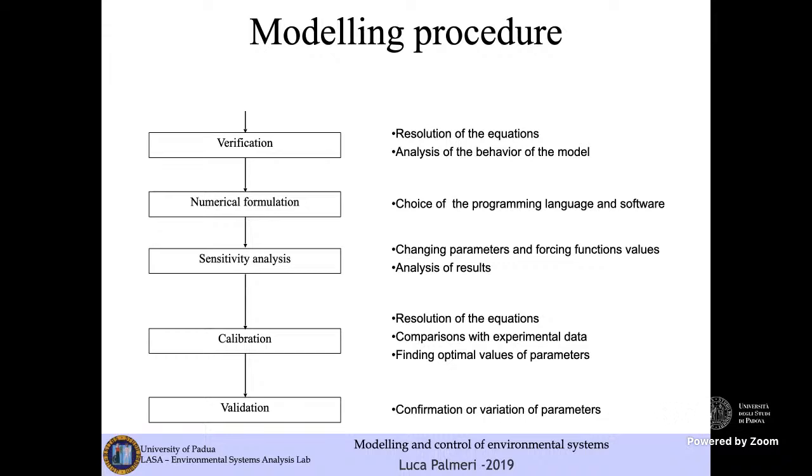Once you have done verification, you're ready for formalizing numerically your model. And this is the point at which you choose the programming language and software. Typically, now you translate your mathematical equations into a numerical environment, which may be, for example, MATLAB or some other programming language.